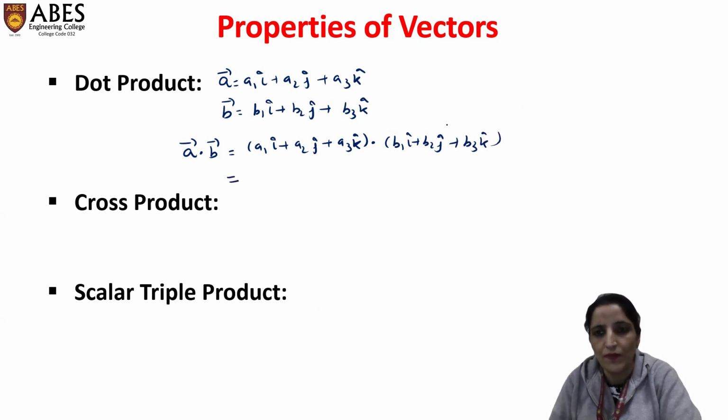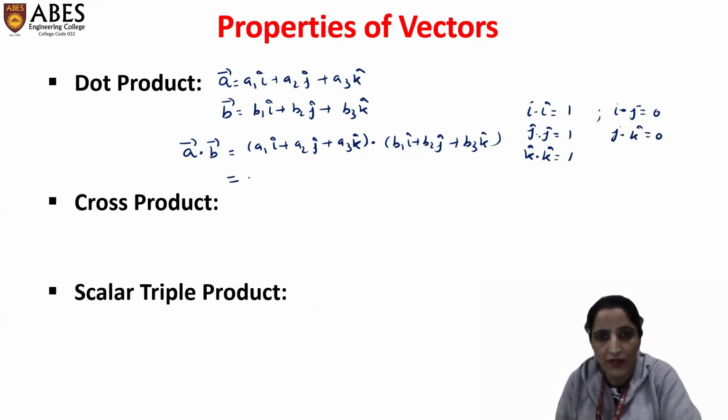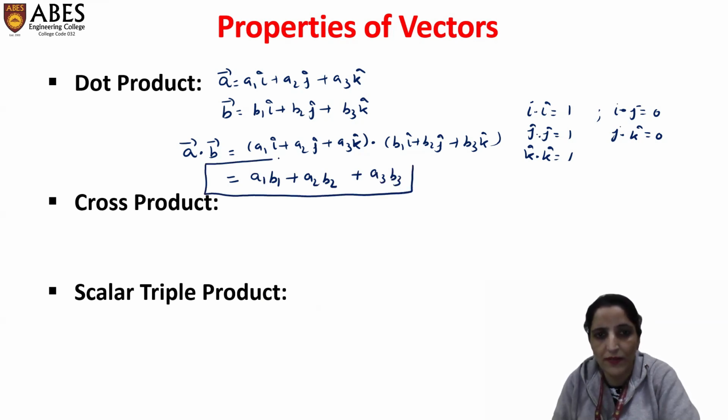As we know, i dot i is 1, j dot j is 1, k dot k is 1, and i dot j is 0. Similarly, j dot k is 0. So using these standard formulas, we get A1B1 plus A2B2 plus A3B3. So we can see that the dot product is a scalar quantity. It will always come out to be a constant.